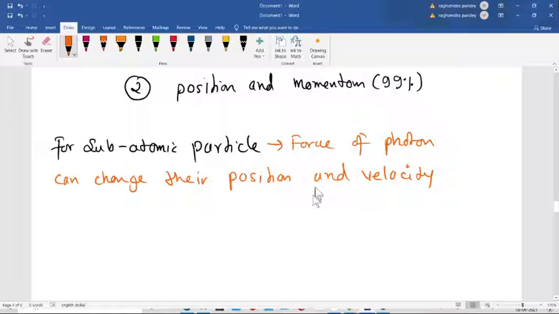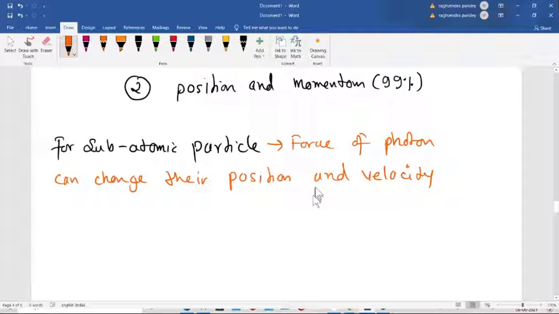Their mass is very, very small, so they cannot displace large objects like books. But subatomic particles can be displaced by the photon.